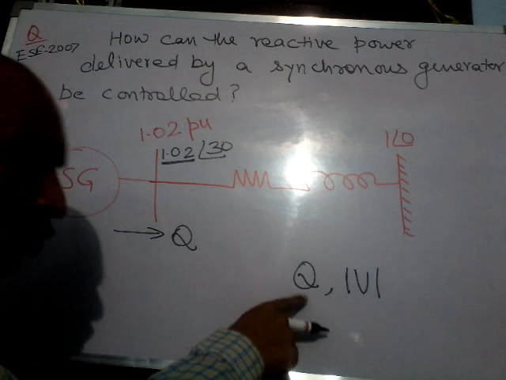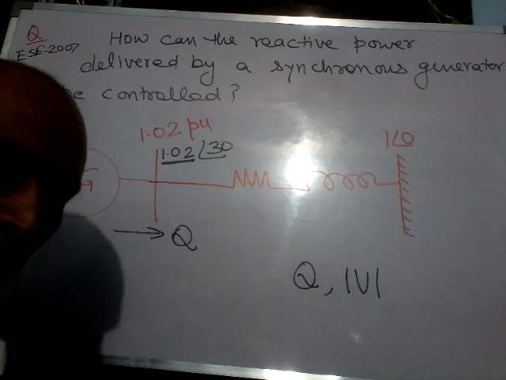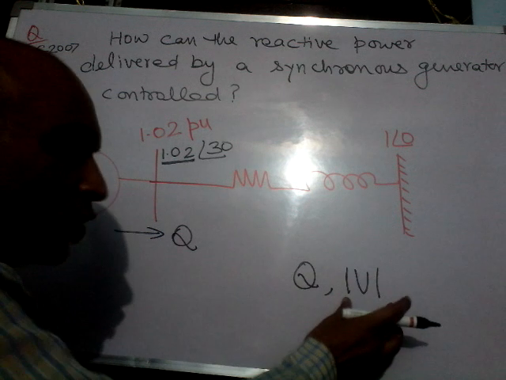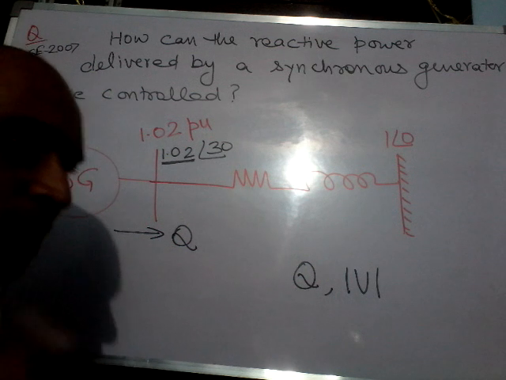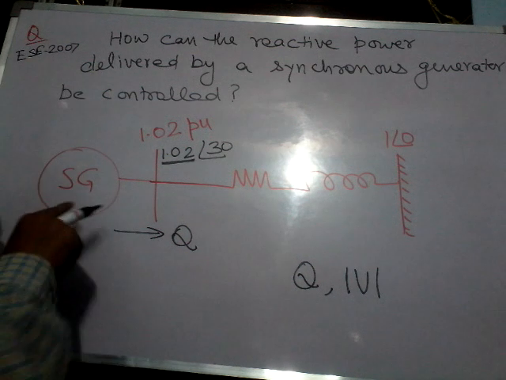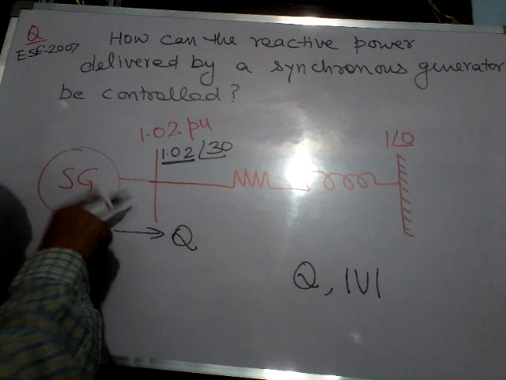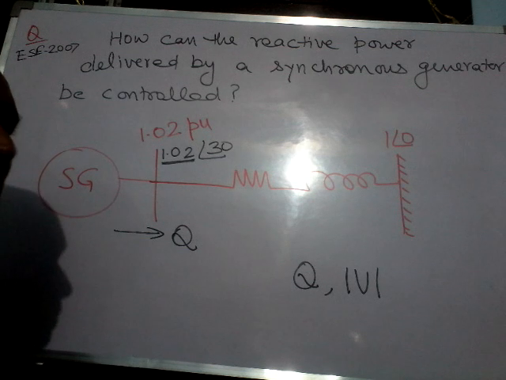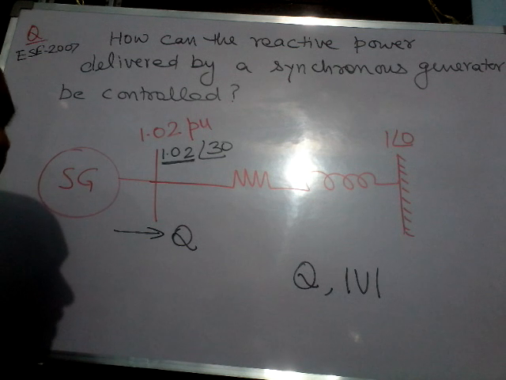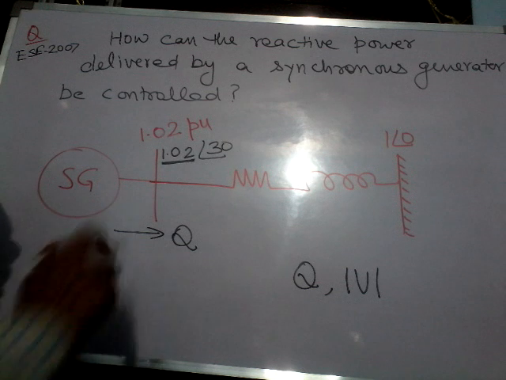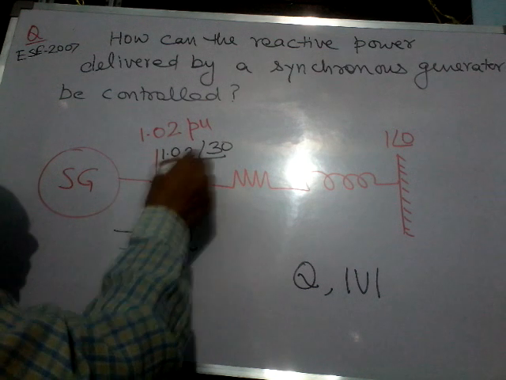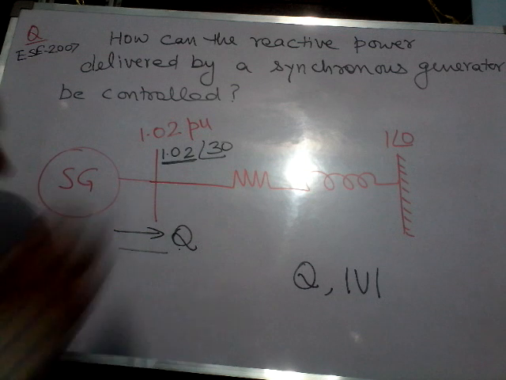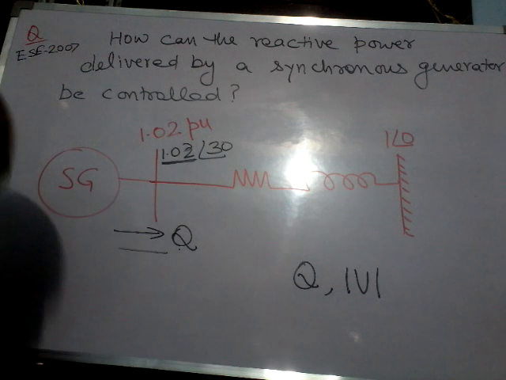Control of reactive power and control of voltage magnitude go together. So at high DC excitation, meaning high DC current in its rotor winding, it will supply more reactive power and its terminal voltage will be high.